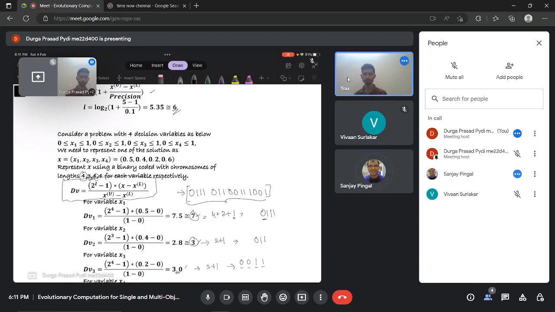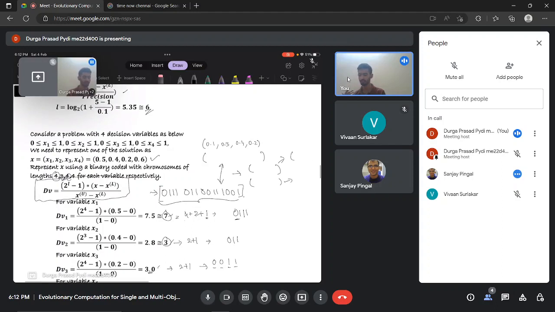When you have two solutions, say 0.5, 0.4, 0.2, 0.6 is one solution, and you come up with another solution like 0.1, 0.3, 0.4 and 0.2, that will have another string of this sort. When you do crossover between these two solutions, you come up with two other possible solutions. These will represent two different values of x1, x2, x3, x4.